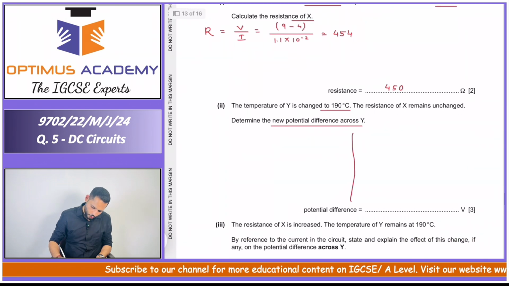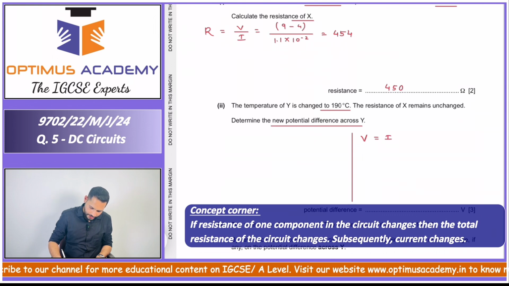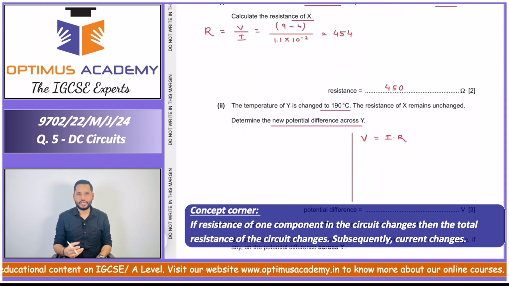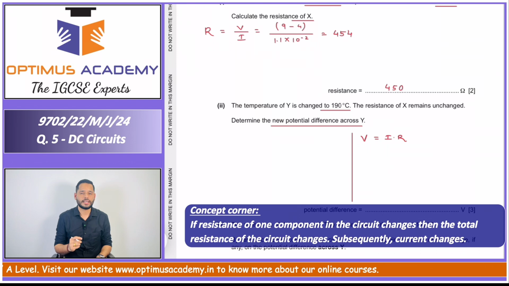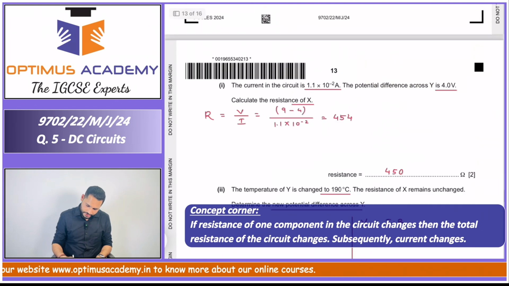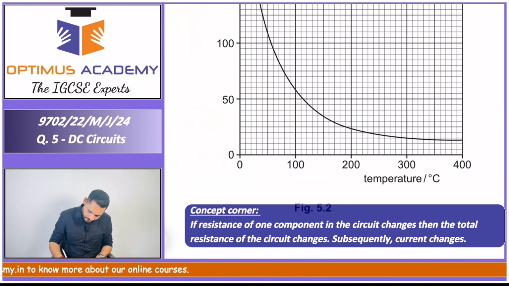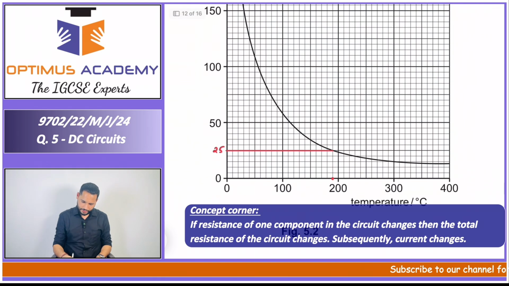Now, to find out the new potential difference across Y, we will have to use the formula I into R. But for that, we need to understand that if the resistance of Y changes, then the total current in the circuit will also change. So the first thing that we have to work out is the value of resistance when the temperature is 190. When the temperature is 190 degrees Celsius, the value of resistance is 25 ohms for the thermistor.